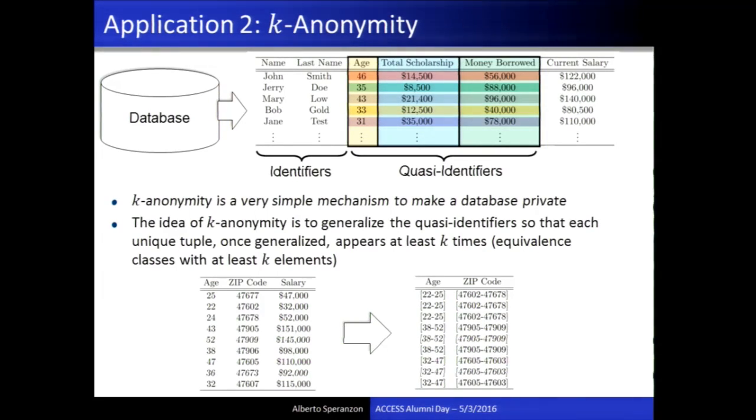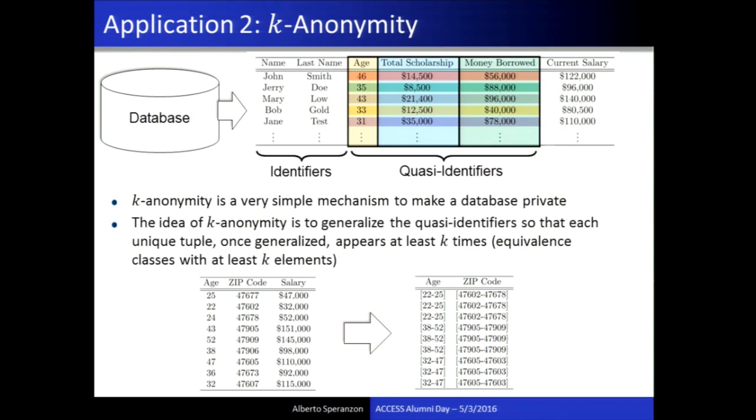So, a simpler example: I have age, zip code, salary. Now, instead of saying that there is someone that is 25, 22, 24, I put it in an interval and say there are 3 records which have age 22 to 25.